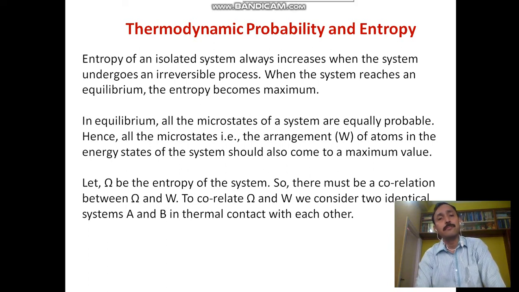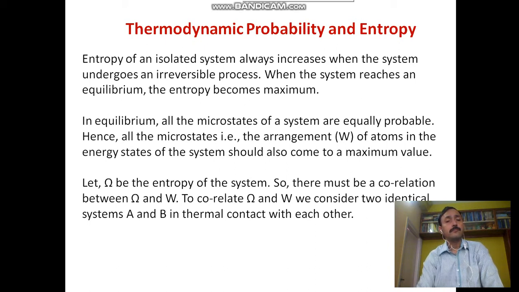When the system reaches equilibrium, the entropy becomes maximum. In equilibrium, all the microstates of a system are equally probable. Hence, the number of microstates, that is the arrangement W of atoms in the energy states of the system, should also come to a maximum value.